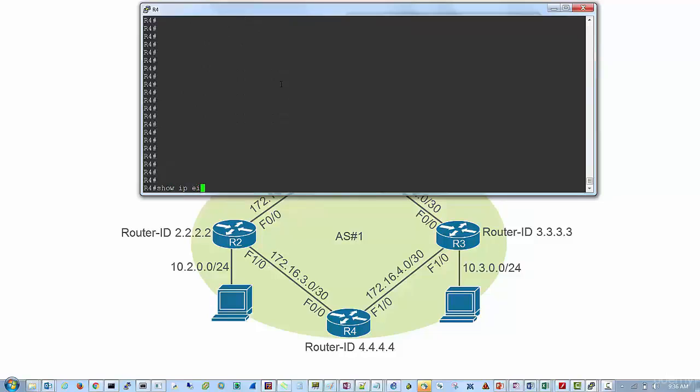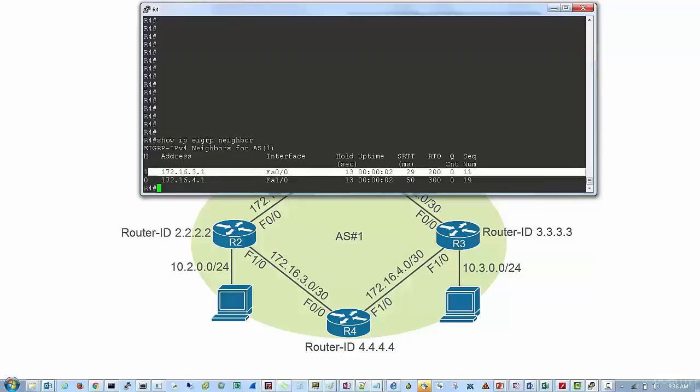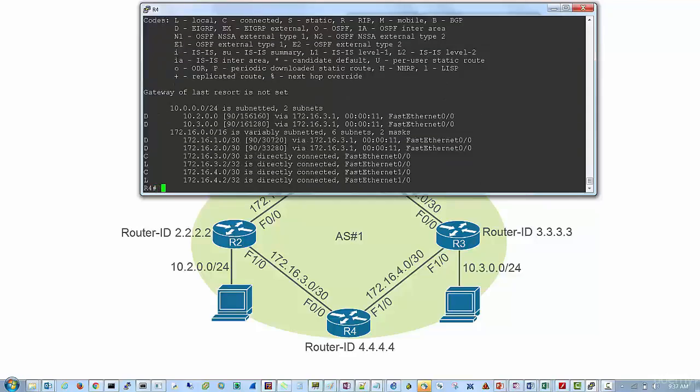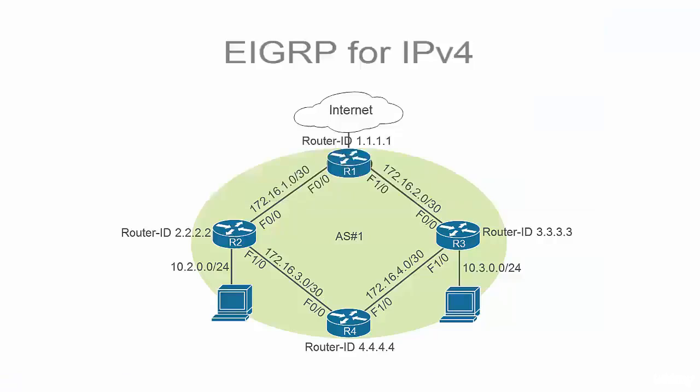So let's run show IP EIGRP neighbor on R4, and perfect. It has two peers, one to R2 and one to R3. Okay, so we're learning all of our routes. Perfect. Now that we have our basic EIGRP autonomous system number 1 configured, we're going to configure R1 to advertise a default route into EIGRP.